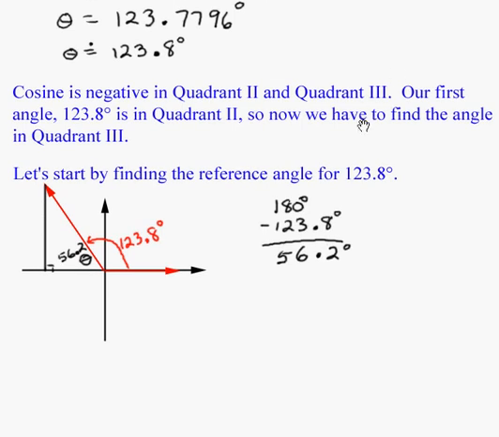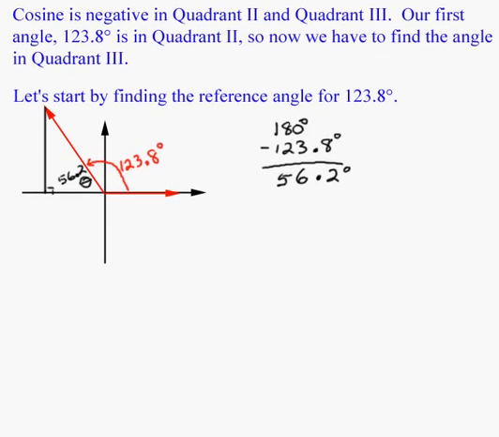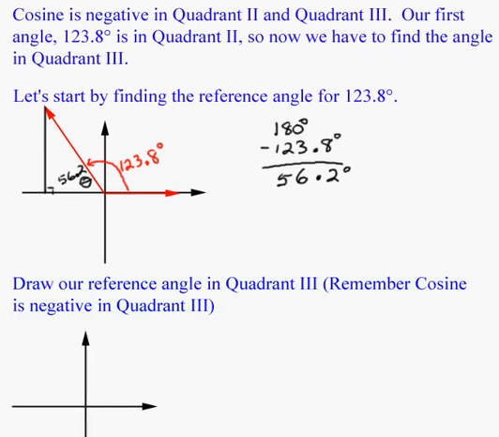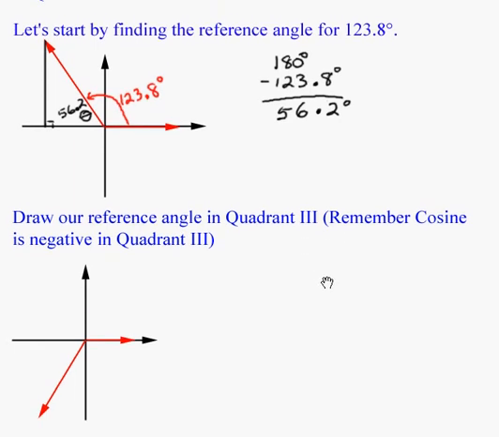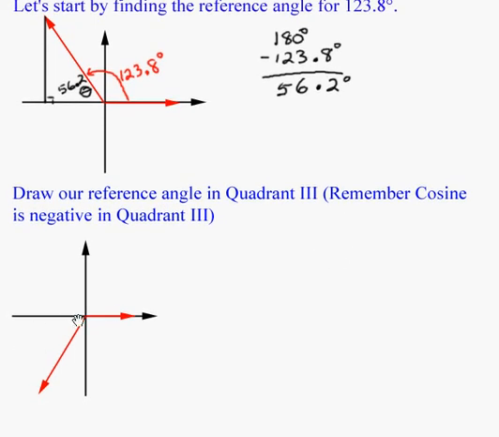Now, how does that help us? Well, cosine is also negative in quadrant 3. So I have to find an angle in quadrant 3 that has a reference angle of 56.2 decimal degrees. So I'm going to draw an initial side in the positive x-axis, a terminal side in quadrant 3, make it perpendicular to the x-axis.